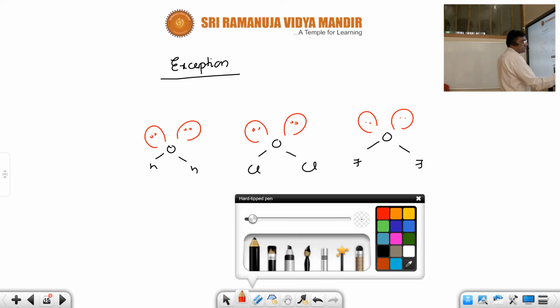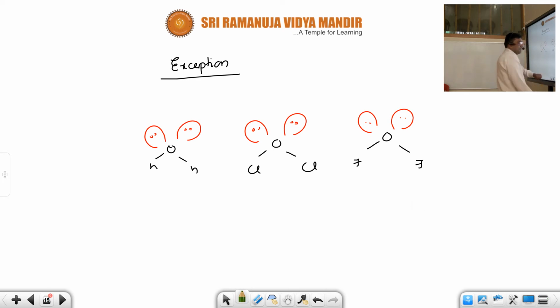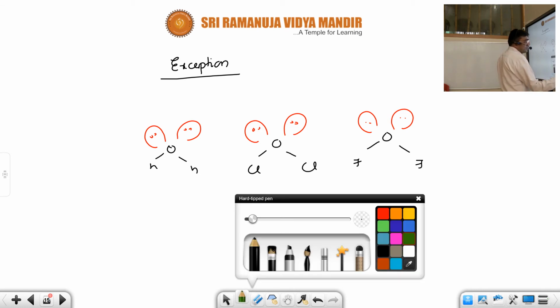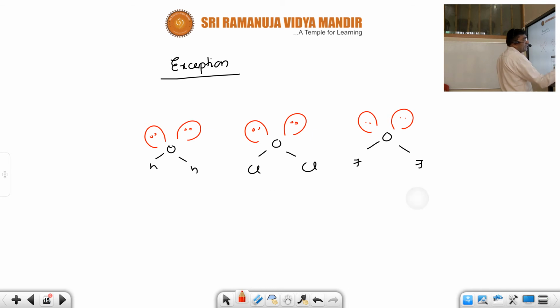Naturally here, if you apply the electronegativity of the surrounding atom, which case is more? The bond angle order should be like this: first this one, second this one, third this one. This is expected. Expected bond angle.